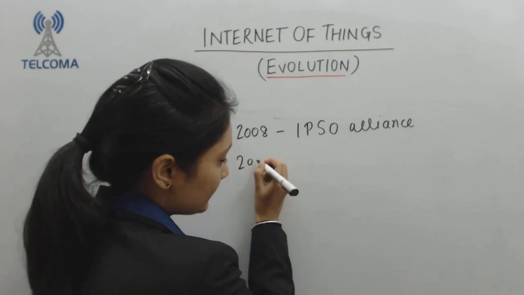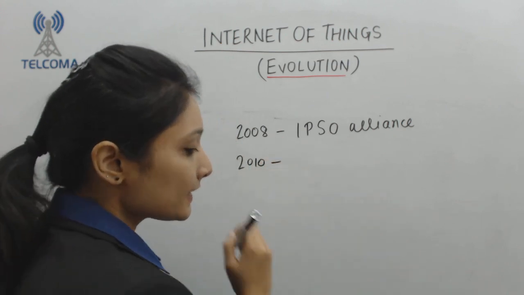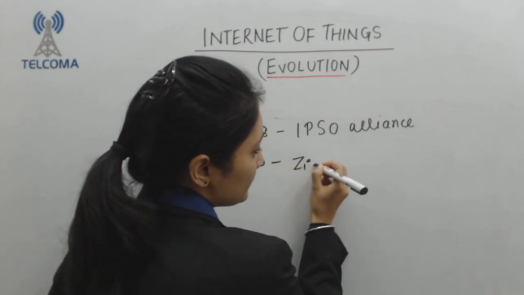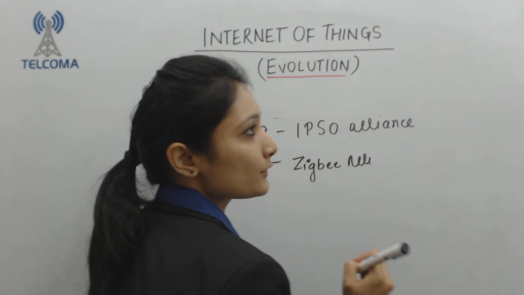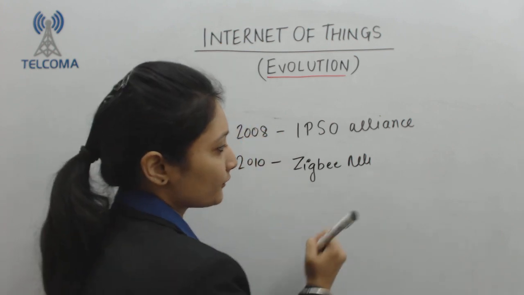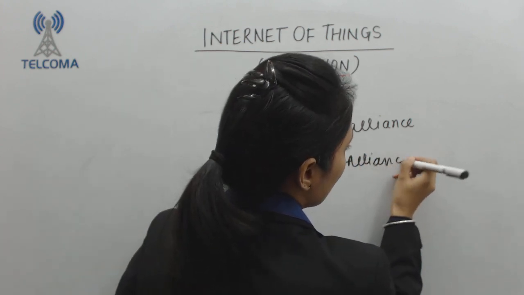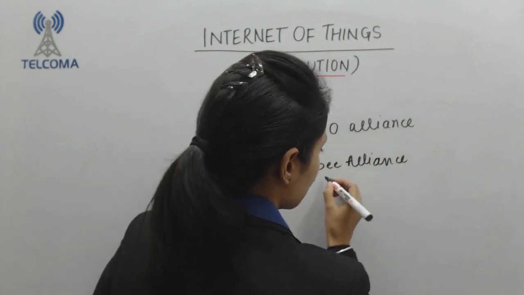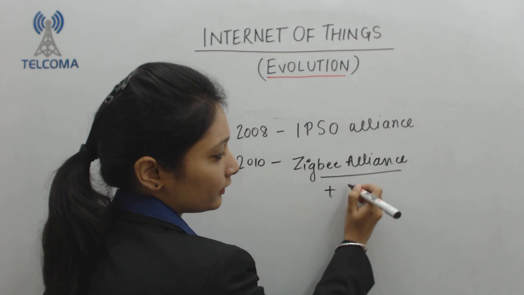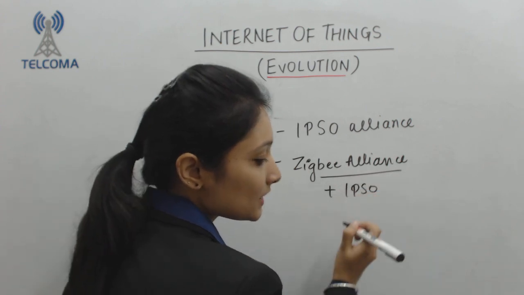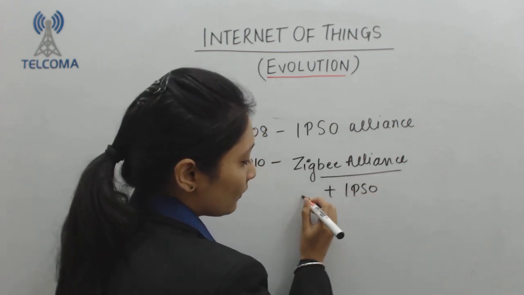And after that, in 2010, the Zigbee Alliance, which is an IEEE standard, the IEEE 802.15.4 standard, also worked together with the IPSO Alliance to speed up the work for what?